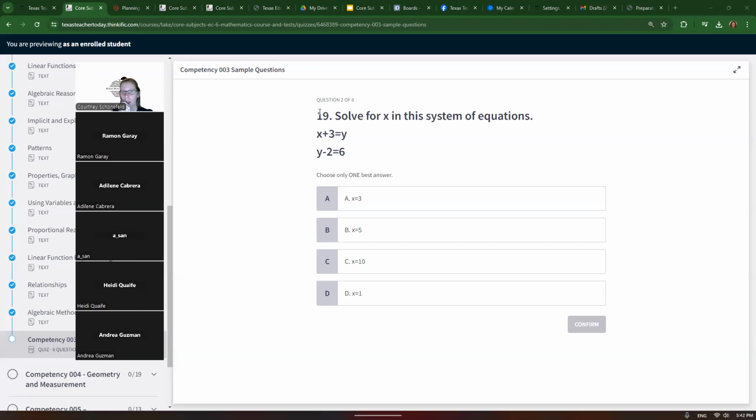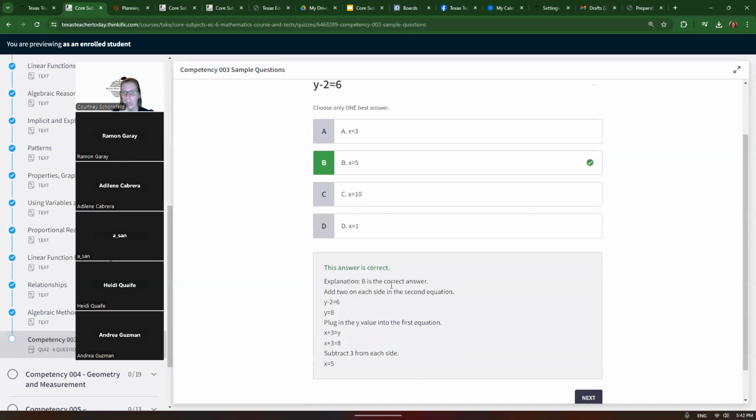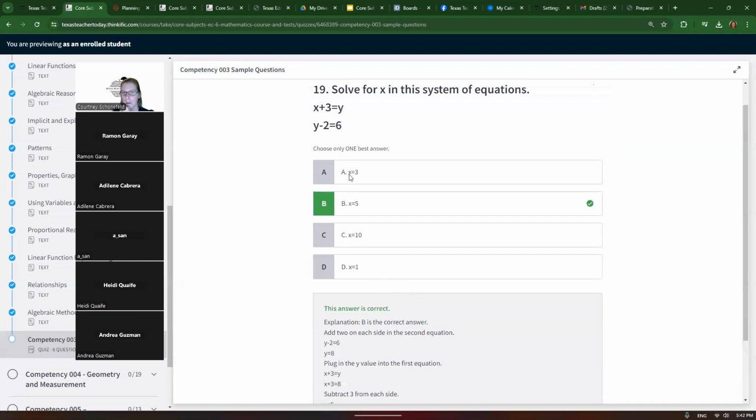So if you don't know how to do that one, does anybody need to work that one out? Yes, okay. So let me actually do this because it's going to explain it and then I think this will be easier. All right, so first, add 2 on each side, okay?